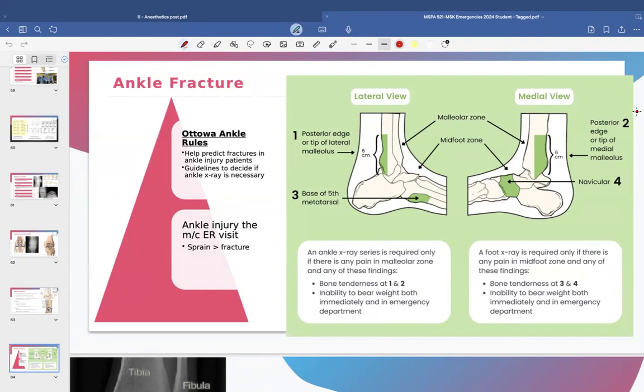So you're going to feel on the inside and the outside bony prominences. If they're unable to bear weight, you're going to be getting your X-ray.